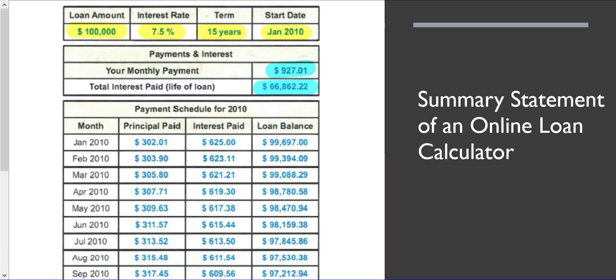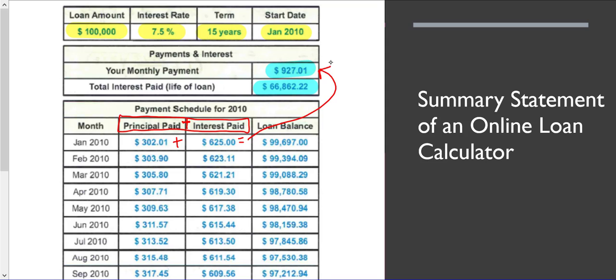You will notice that your monthly payment is actually your principal paid plus your interest paid. If I were to take $302.01 and add it to $625, it would match my monthly payment amount. And that happens with each month.